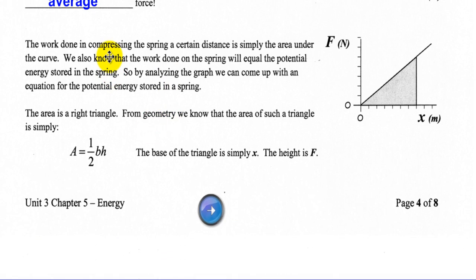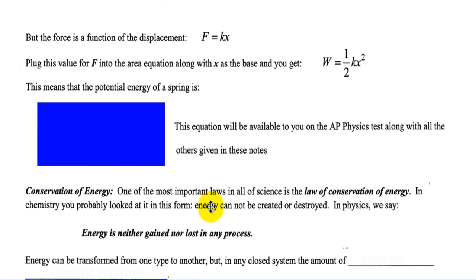The work done in compressing the spring a certain distance is simply the area under the curve, right? And it's a triangle, so it's 1/2 base times height. If you think about it, 1/2 of the height essentially would be the average force, and then the base is the displacement. But the force is a function of the displacement, right? F equals kx.